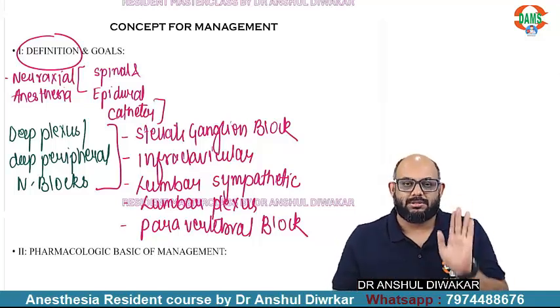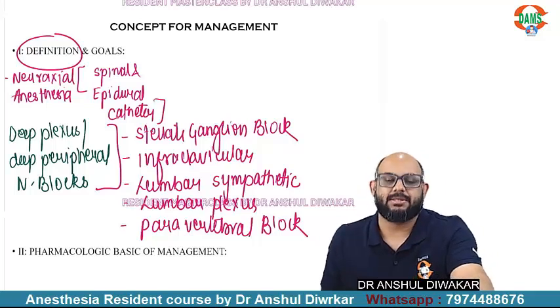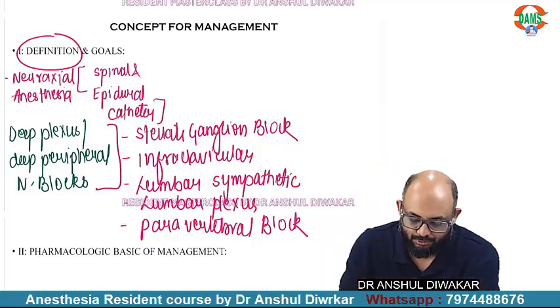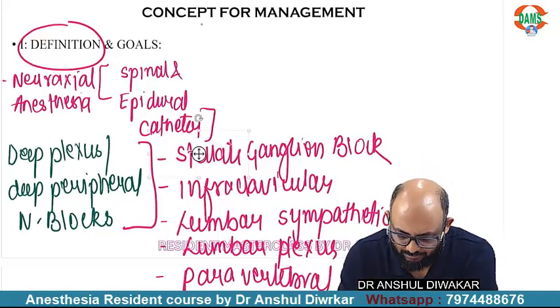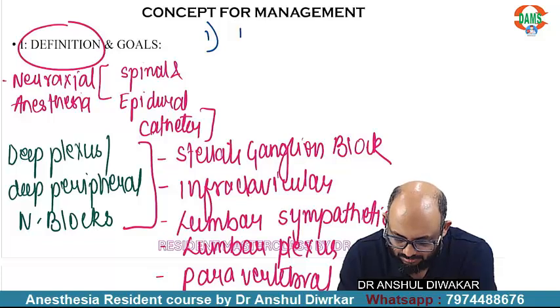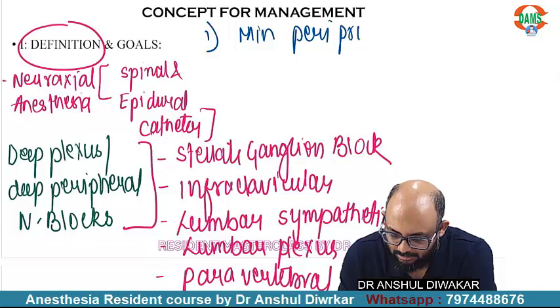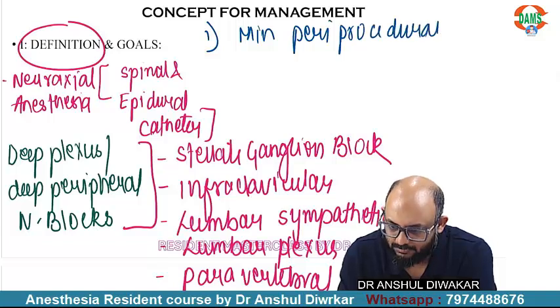Let's talk about goals. Why is ASRA doing this? Is there a reason why ASRA wants to do these things? What is it that they are trying to achieve? So they are trying to minimize peri-procedural thrombosis.